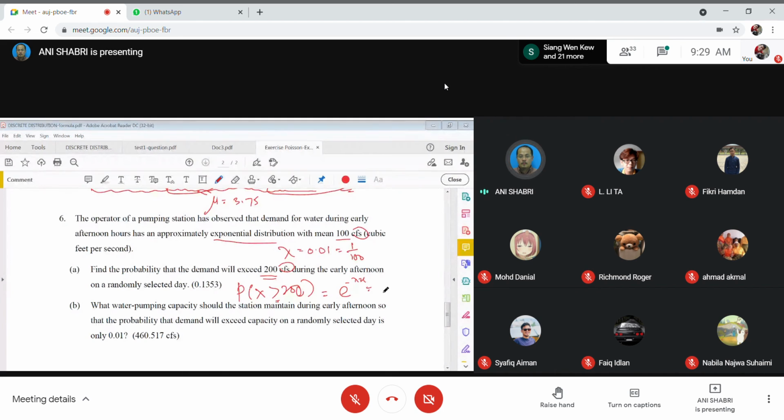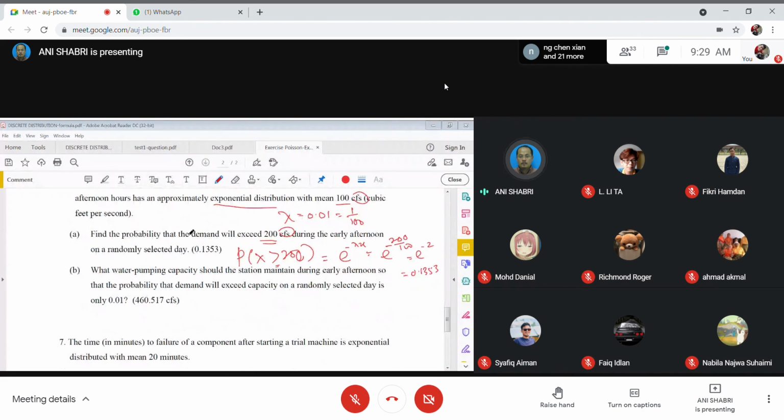Lambda is 1 over 100, x is 200. 200 divided by 100. And we can get the answer 0.1353.